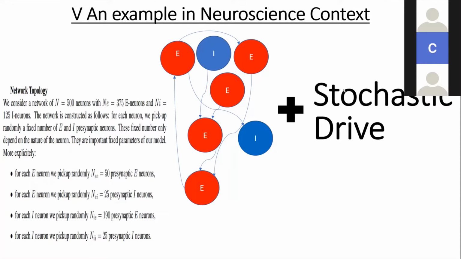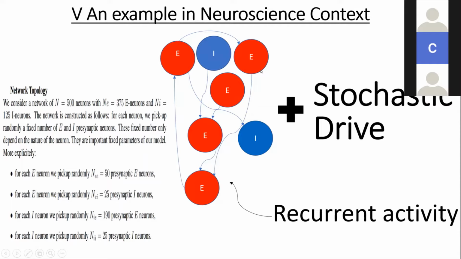Another thing is that each node is an ODE, but this ODE has a stochastic drive. In a neuroscience context, you have a drive which might be some stochastic noise, but it might also be some information that you get from your environment.